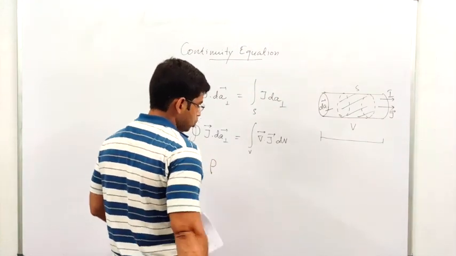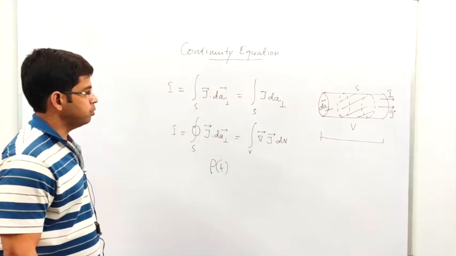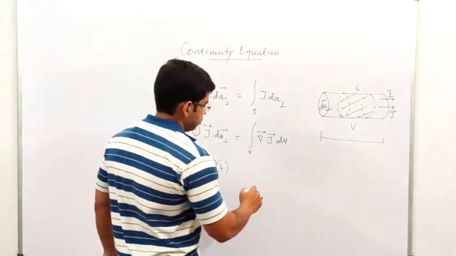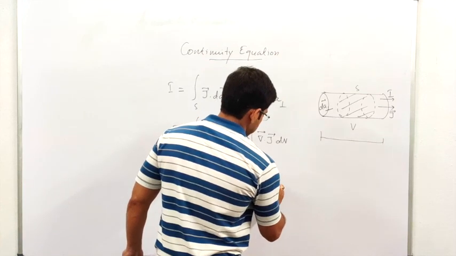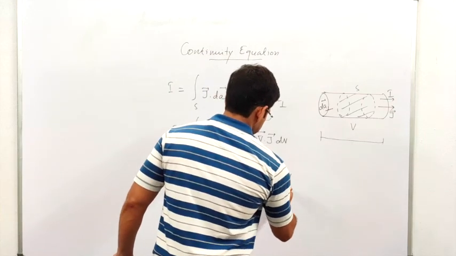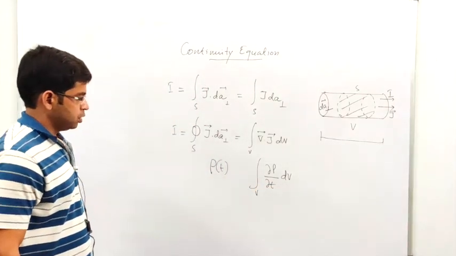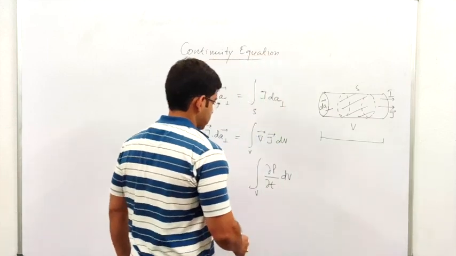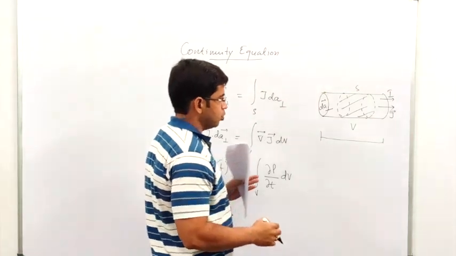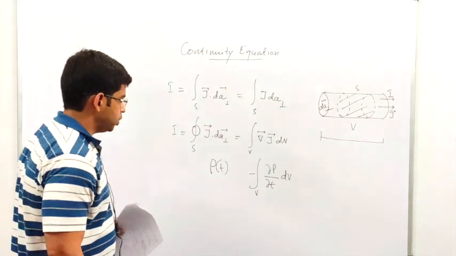Say if rho(t) is the volume charge density at a certain instant of time, then the total charge flowing out per second will be simply del rho del t, and the volume integral of this quantity will be the current flowing out of this shaded region. Now, as by convention we are considering that the current is flowing out, this del rho del t must be negative. That means with time the charge density will decrease.